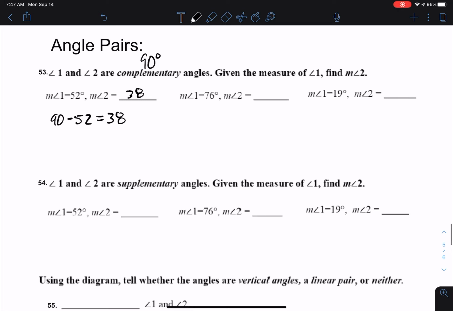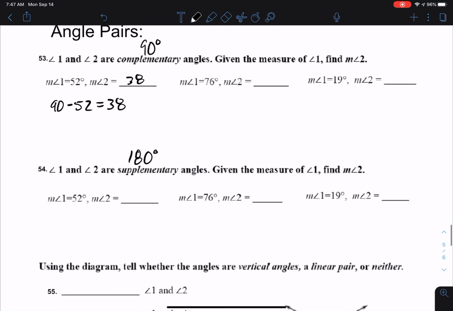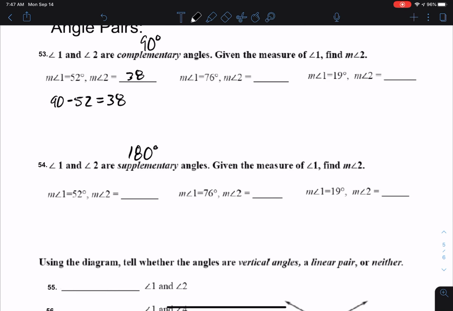Down here for number 54, supplementary angles. Those are kind of like complementary, but it's double. Supplementary angles add up to 180 degrees every single time. So all you've got to do is write down 180 and then subtract your angle from it.